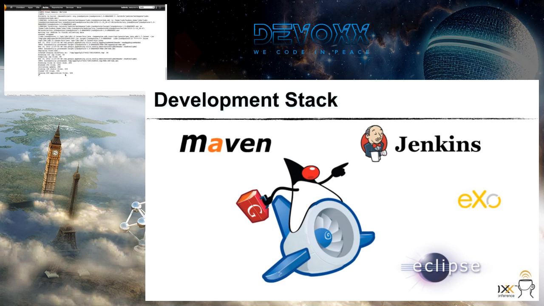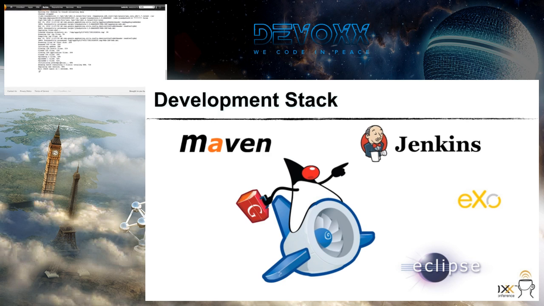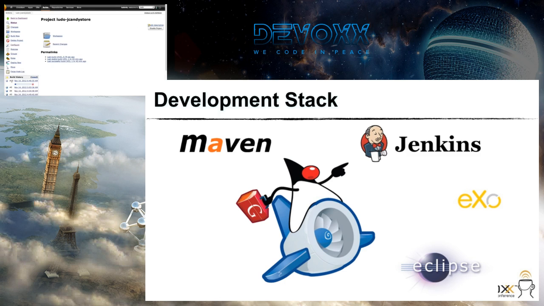And again, this build could be triggered automatically if I save from my Git workspace on my laptop or even in the IDE. So once we deployed, the version number was 10. So this is build number 10 of this project.